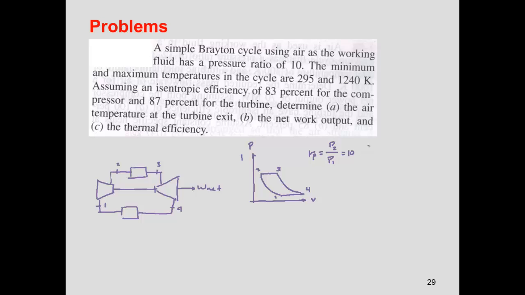If we look at a TS diagram, we have our isentropic compression, constant pressure heat addition, isentropic expansion, constant pressure heat rejection, and we know 295 and 1240.